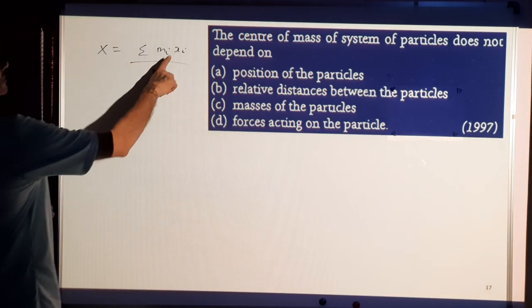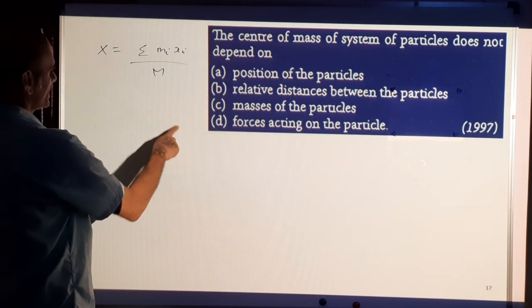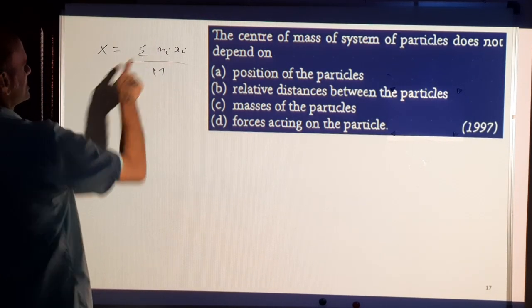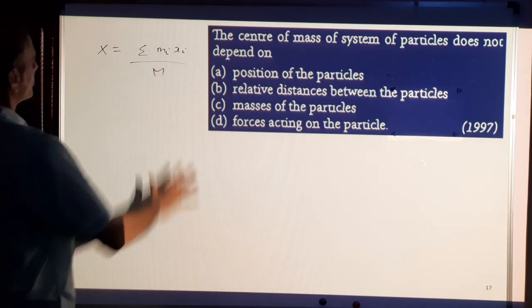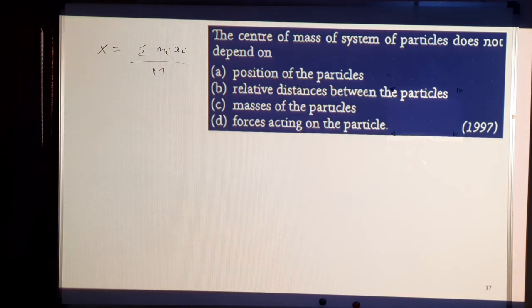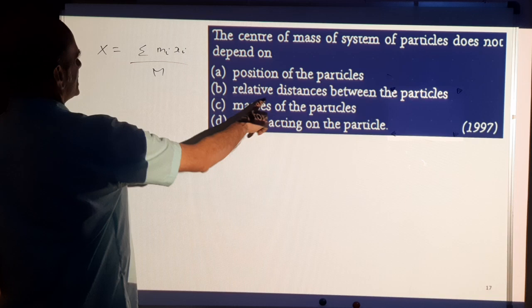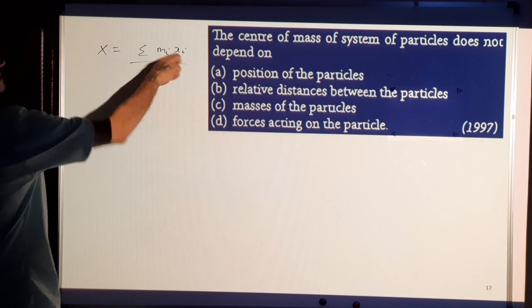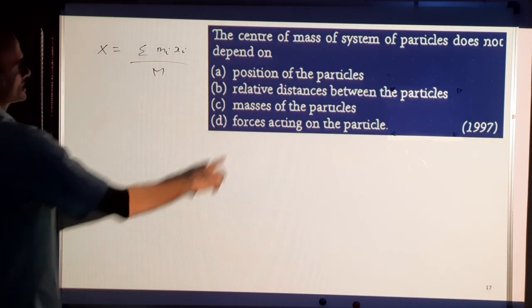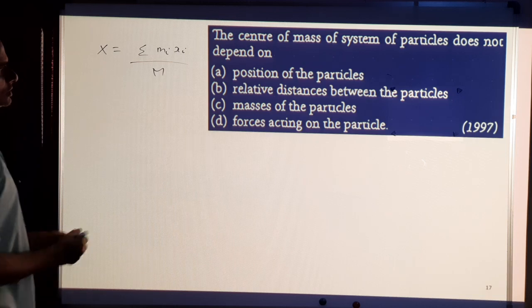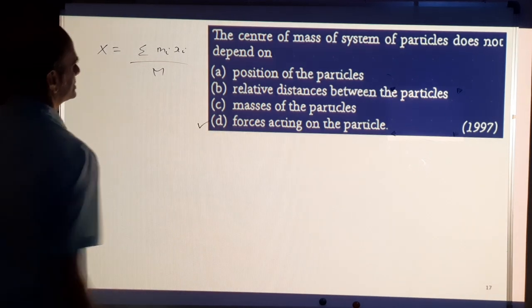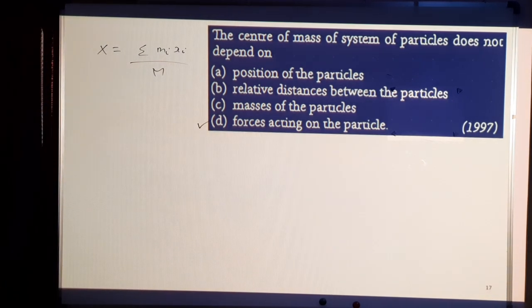So it depends on the position of the masses, which is xi, even yi and zi, and the masses also. But there's no way the force acting on the mass comes in. So it depends on the position of the particles and the relative distance between them, which affect x, y and z. Mass of the particles also matters. So this is the correct option. It does not depend on the force acting on the particle.